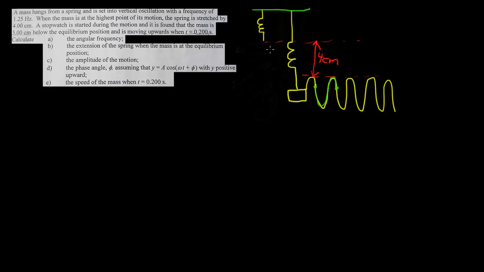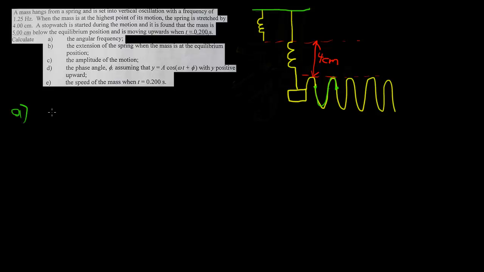That's the distance from the unstretched spring to where it is here. Now the third sentence says a stopwatch is started during the motion and the mass is found 5 centimeters below. That's another situation that we'll get to eventually, but we don't need it for part A and part B. So let's look at part A.